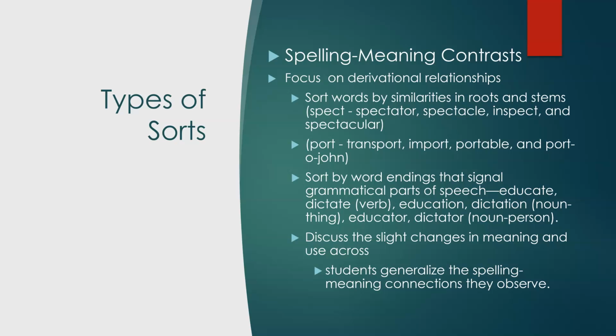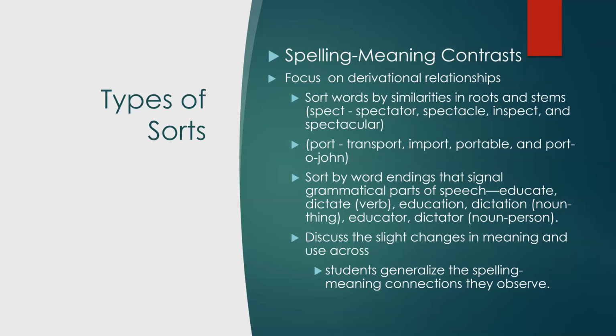When we're doing a spelling meaning contrast and using derivational relationships, we might have them sort words by similarities in their roots and their stems. So let's take, for example, spect. You can sort it by spectator, spectacle, inspect, and spectacular. Port: transport, import, portable, and port-o-john. And you can see that they're related too.